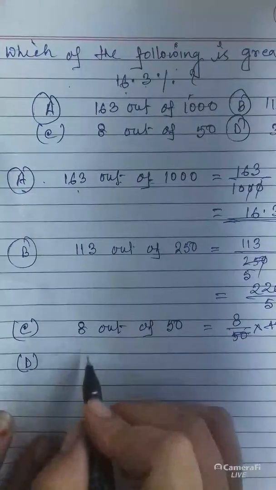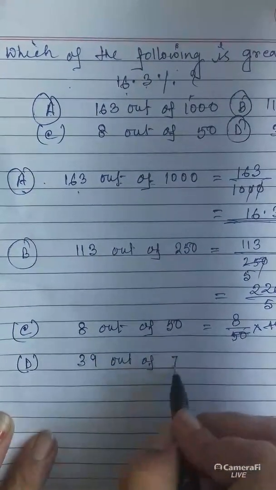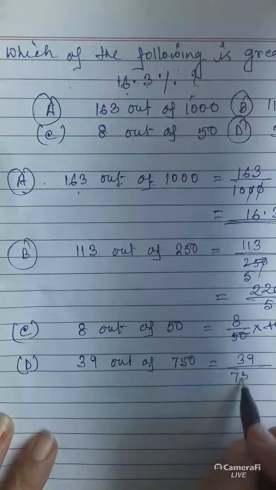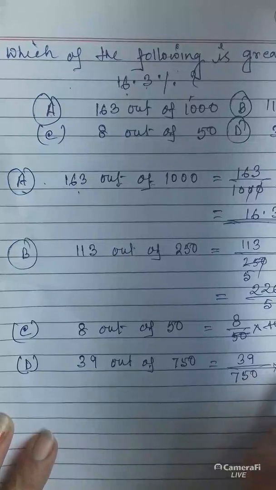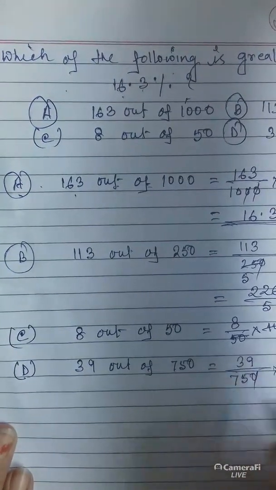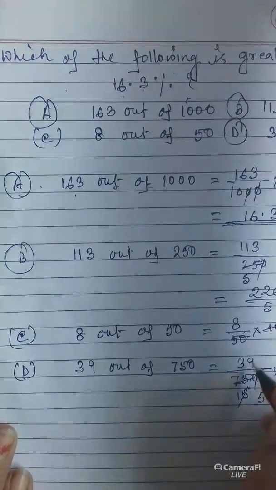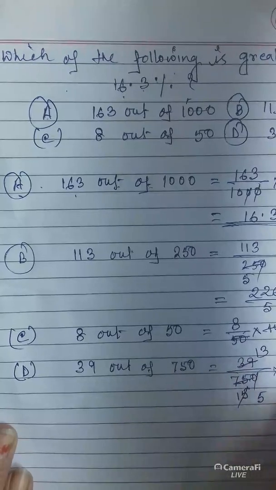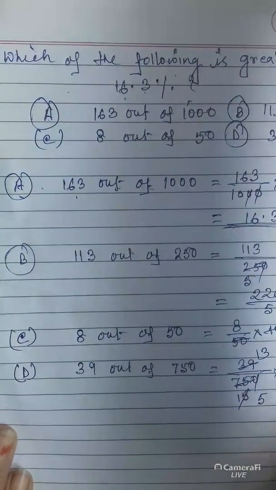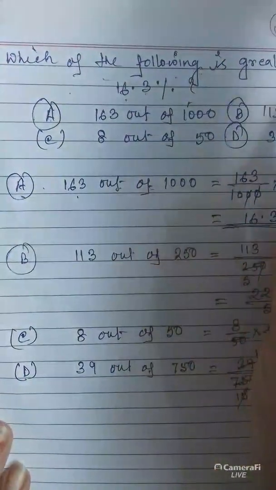And option D, 39 out of 750 means 39 by 750 into 100, which gives 5.2%.